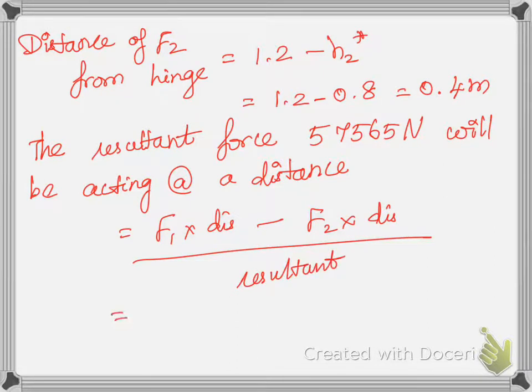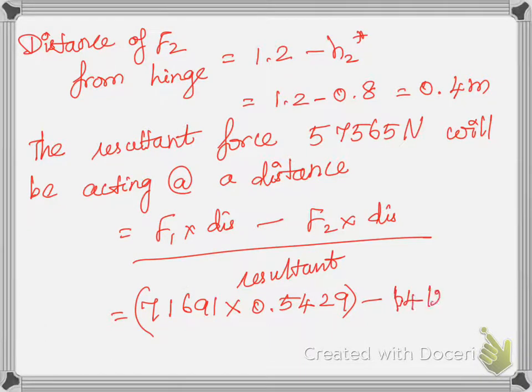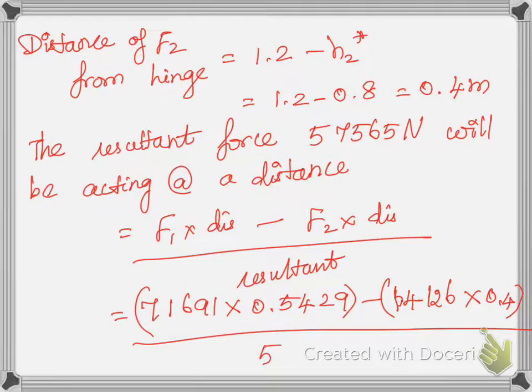So my F1 value is 71691 and the distance of F1 from the hinge is 0.5429, and my F2 is 14126 and the distance of F2 from hinge is 0.4, and the resultant force is going to be 57565.